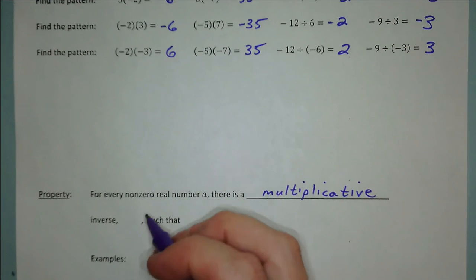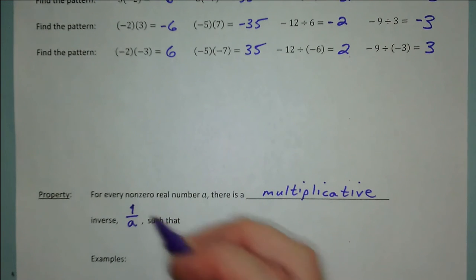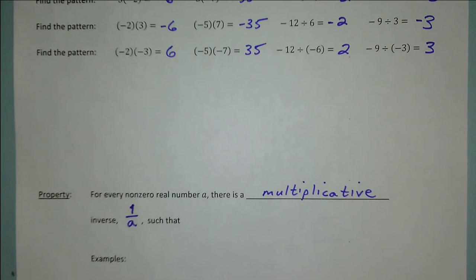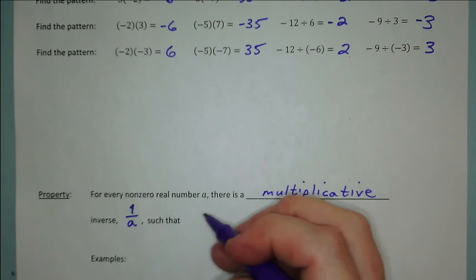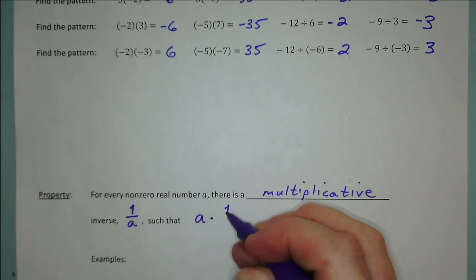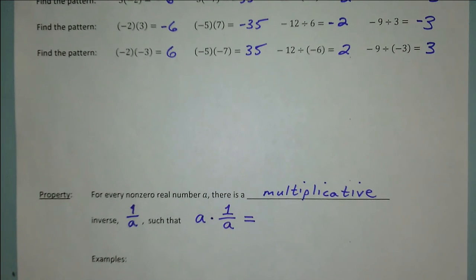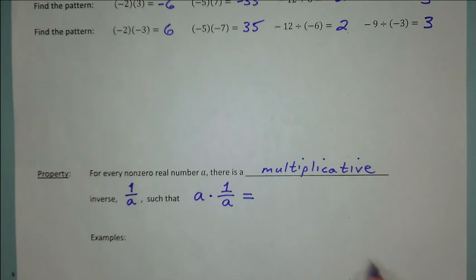I think what goes here is 1 over a, right? Such that a times 1 over a equals what? A little bit of dramatic pausing here, sorry. But I kind of want to say this.